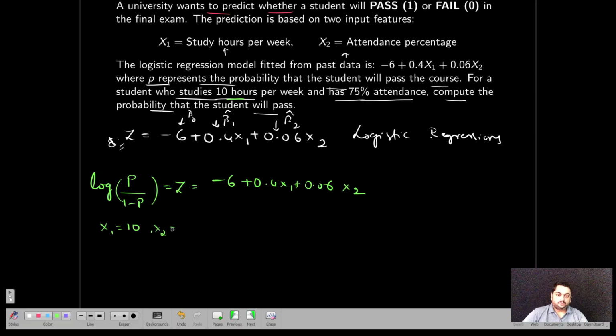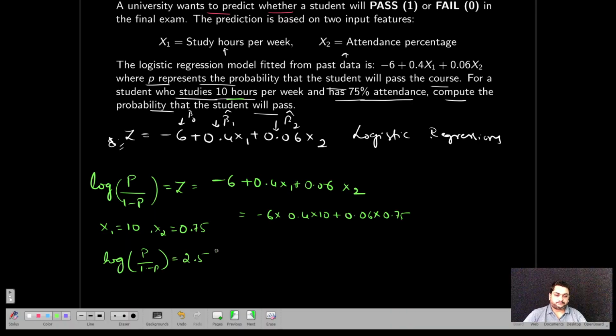X2 is equal to 75, meaning 0.75. If I substitute it here, I get minus 6 plus 0.4 into 10 plus 0.06 into 0.75. So we get log of p by 1 minus p equal to 2.5.